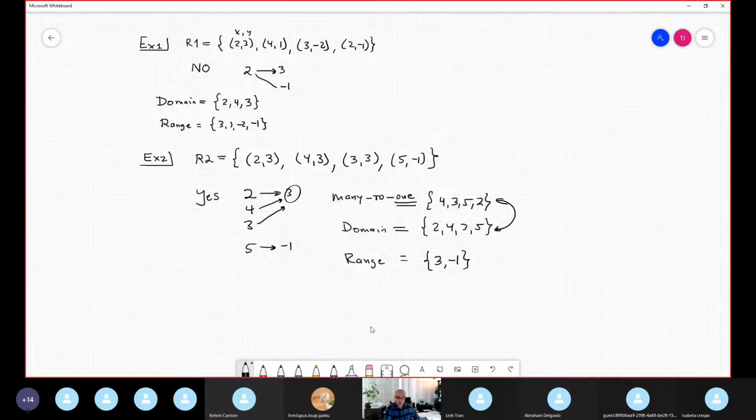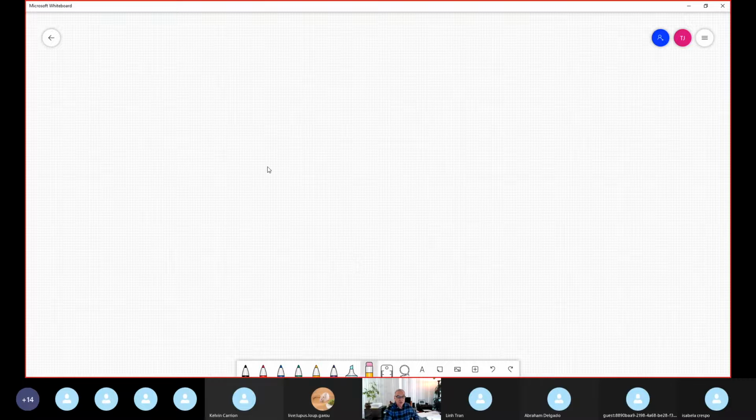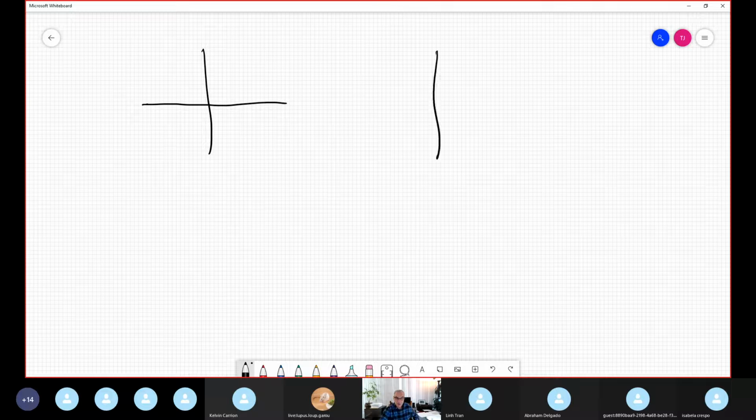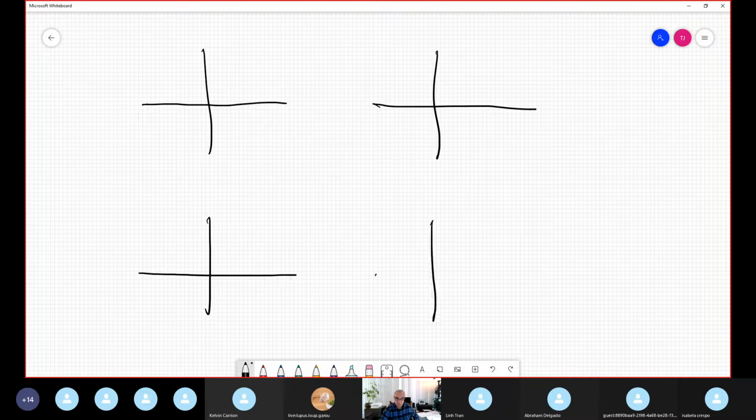Okay, another fantastic way to determine if a relation is a function is using a graph. For example, let's do several graphs, four graphs. This is the x-axis and this is the y-axis.